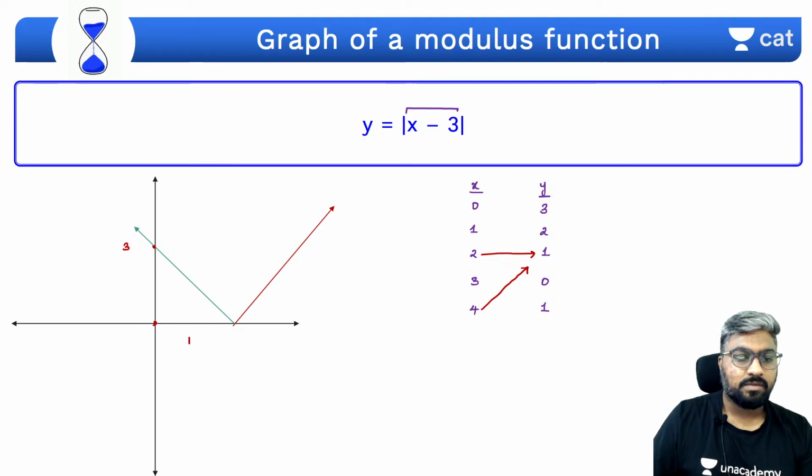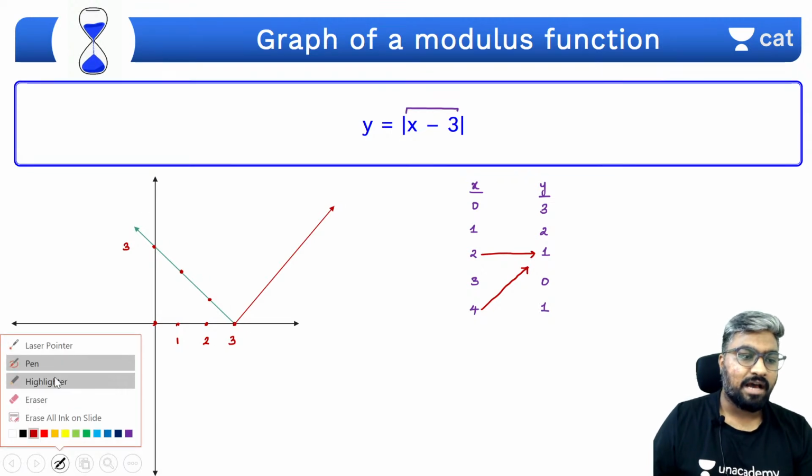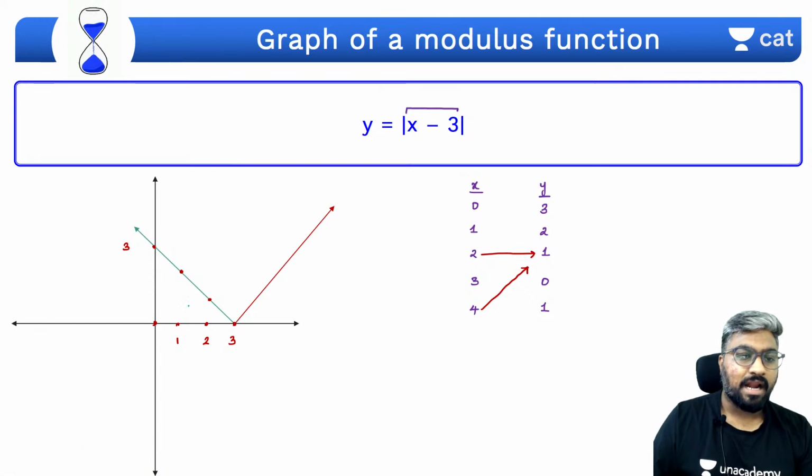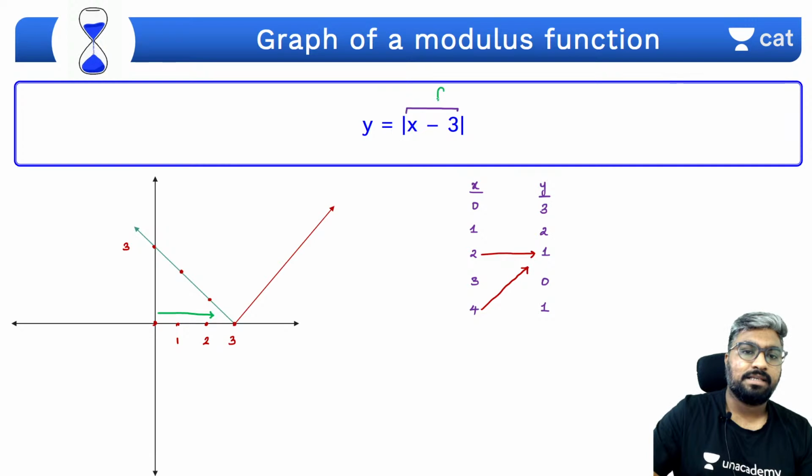When x is 1, y becomes 2. When x is 2, y becomes 1. When x is 3, y becomes 0. So the graph goes like this. If you've noticed, the graph just moved 3 steps to the right because -3 is in modulus.